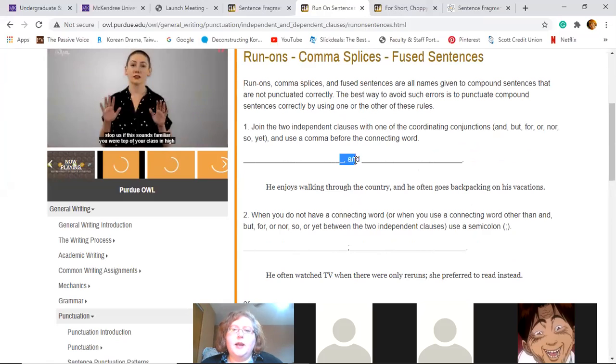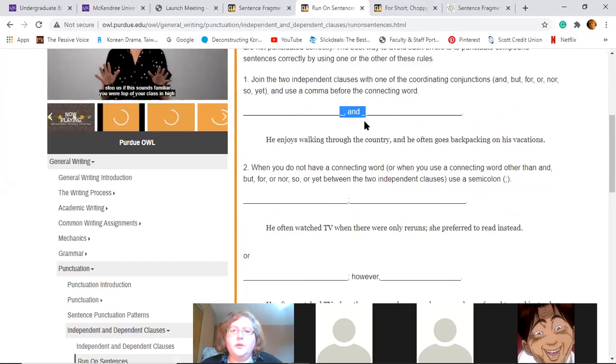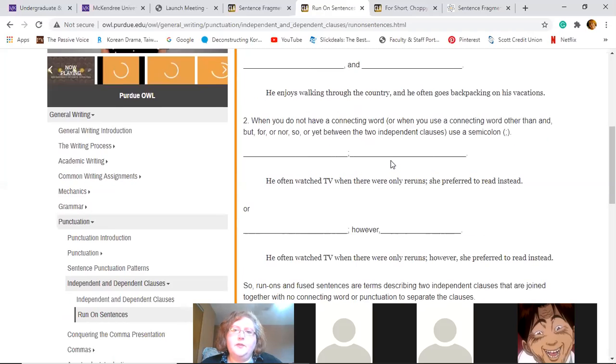Basically, you can add a comma and a FANBOY, the appropriate FANBOY. He enjoys walking through the country, and he often goes backpacking on his vacations. If this was not here, you would have a comma splice. You need to have the comma and the FANBOY, or you will have an incorrect sentence.